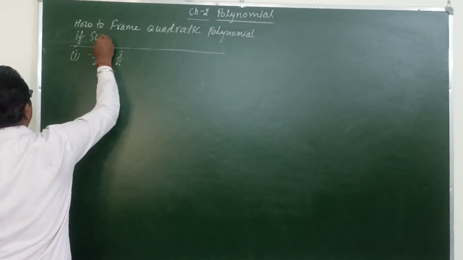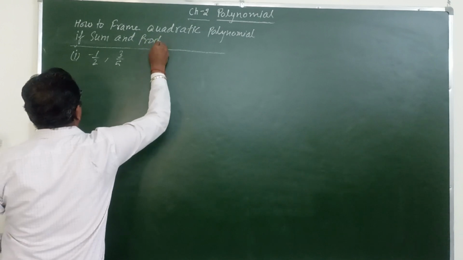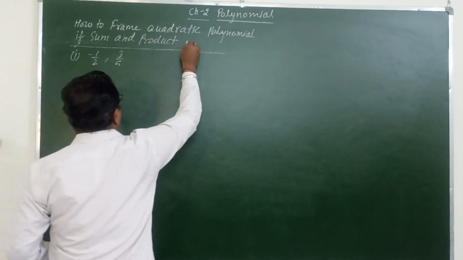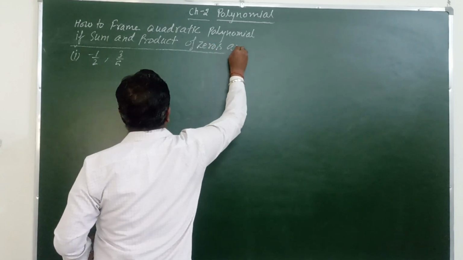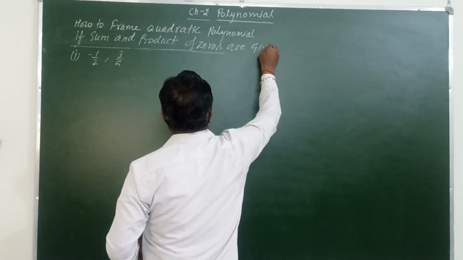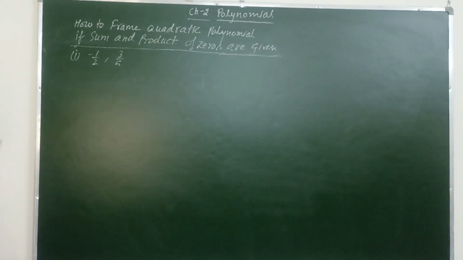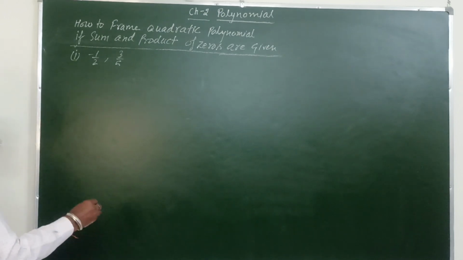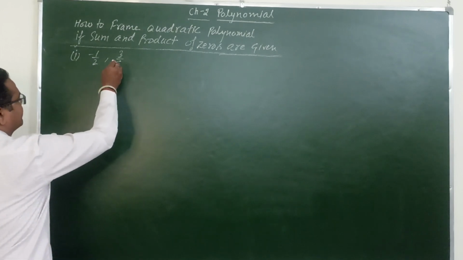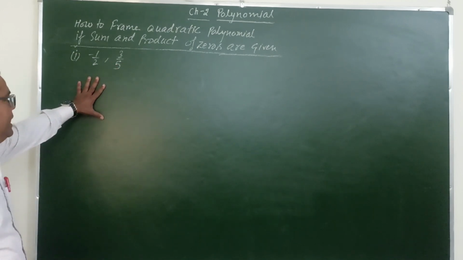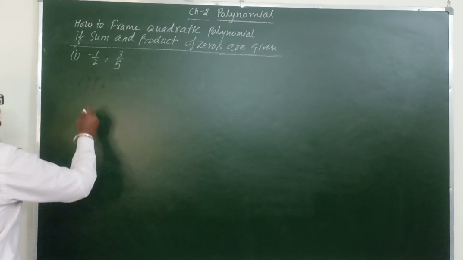When the sum and product of zeros are given, in that case how do we find the polynomial? Let's see. We have these two, where one of them is the sum of zeros and the other one is the product of zeros. So what does it mean?